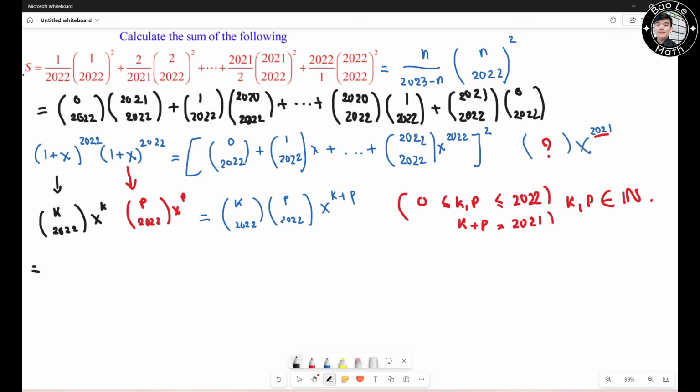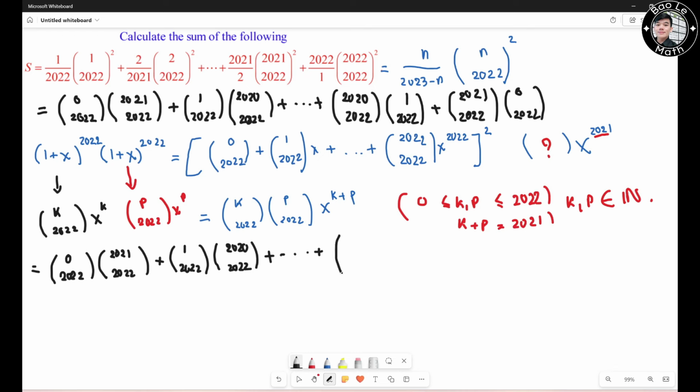So if k equals 0, we have the combination C(0, 2022), and p must be equal to 2021, so it could be C(2021, 2022). That's the first pair. Now the second pair. If k equals 1, C(1, 2022), and then p must be equal to 2020, etc. Plus the last two right here.